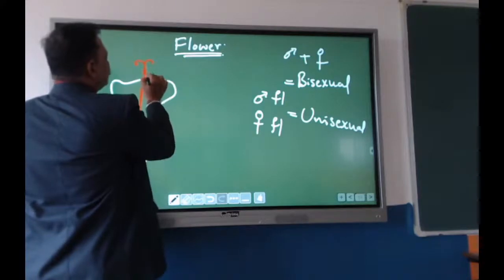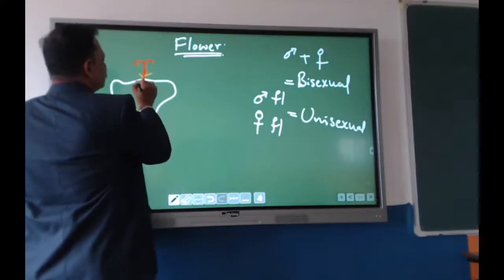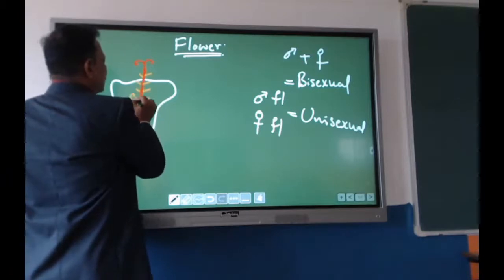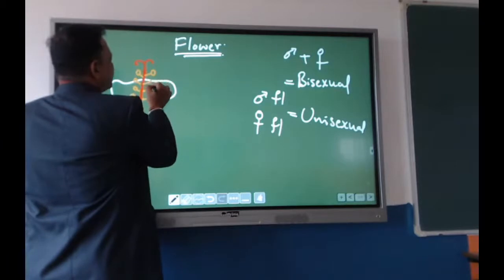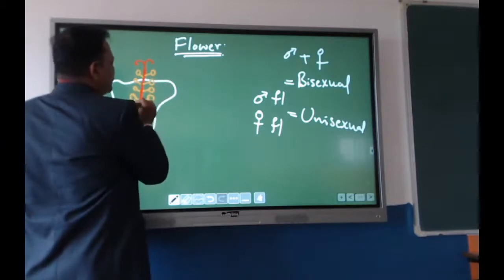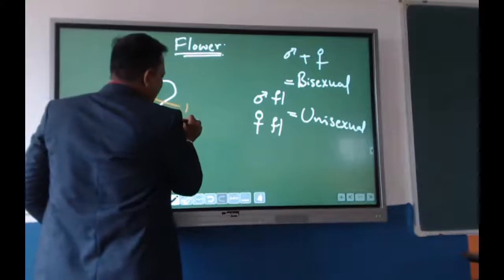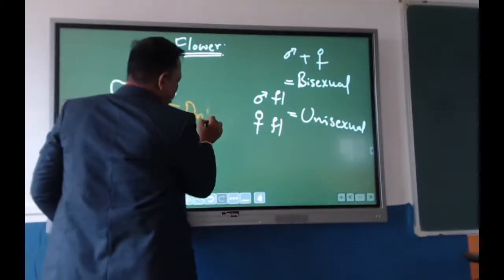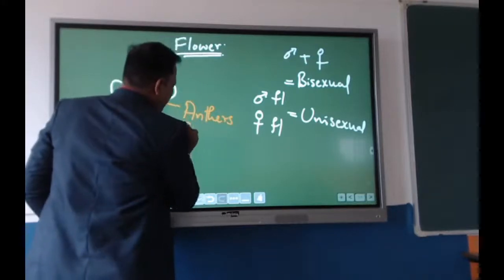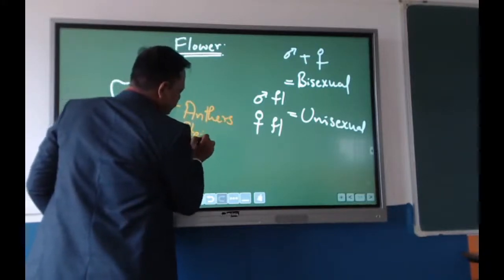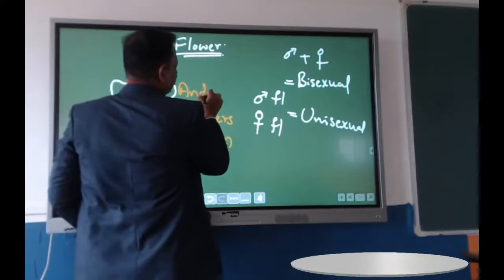Now here see like this, you can see a bulbous structure when clearly you are observing, then you are calling it as androecium or anthers or stamens or androecium.